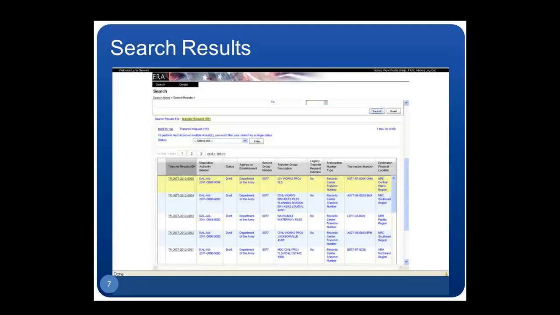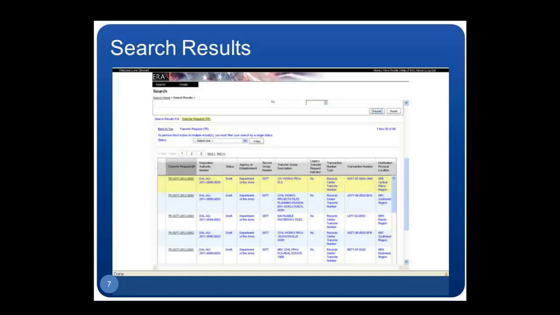And when selecting this hyperlink, the system will ask you if you would like to view the form, or there's a couple of other options which may not be pertinent to this exercise. But again, the search results will include the transfer request number, which is a hyperlink and takes you to the form.